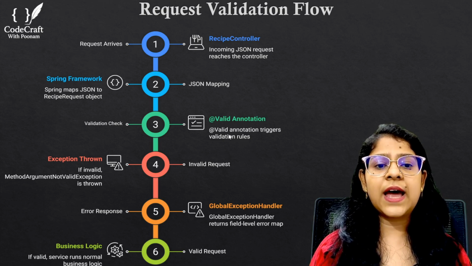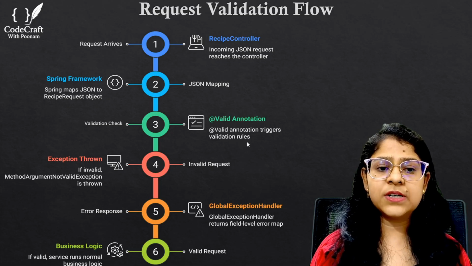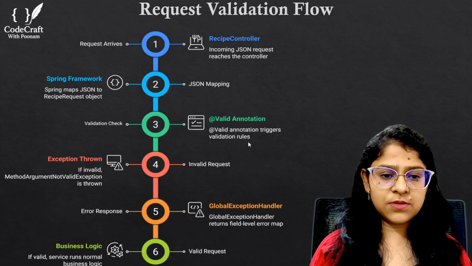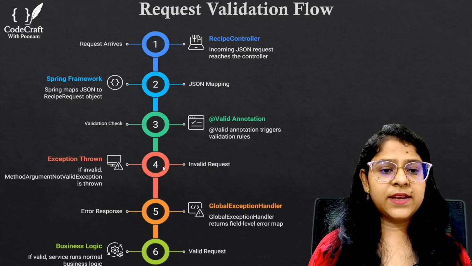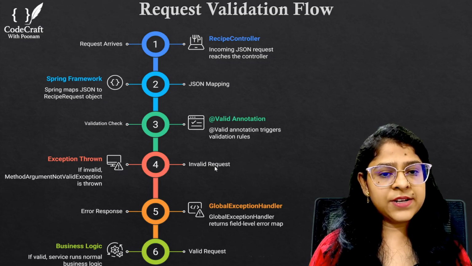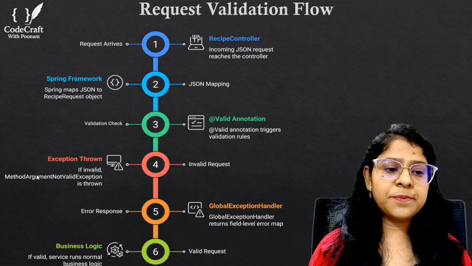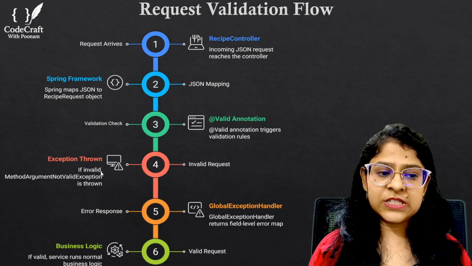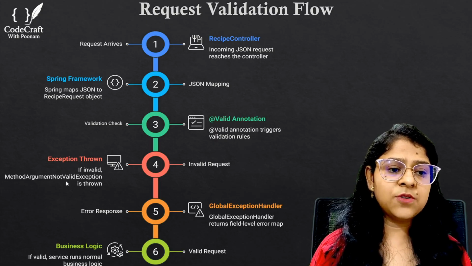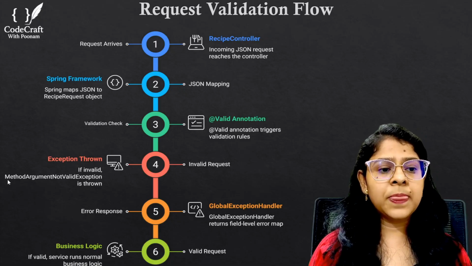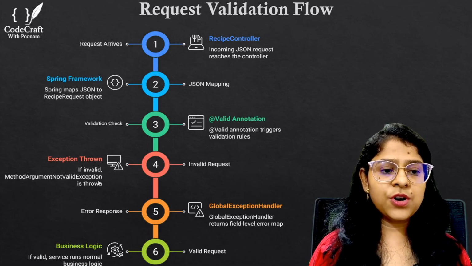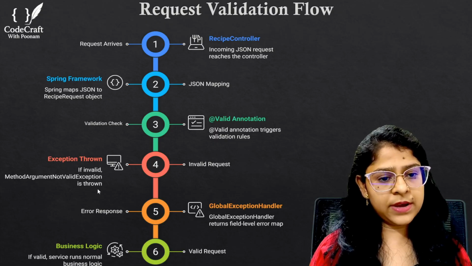So here this @Valid annotation triggers validation rules, okay. And then when there is an invalid request, then an exception is thrown. So what type of exception? If it is invalid, then you will get the MethodArgumentNotValidException thrown. Okay.